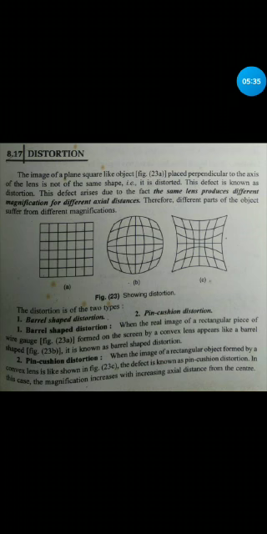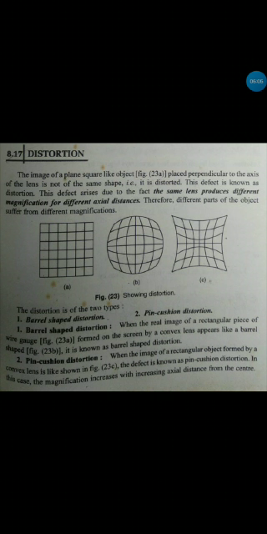Now, next one is distortion. The image of a plane square object, as shown in the figure, placed perpendicular to the axis of the lens is not of the same shape. It is distorted. This defect is known as distortion. If you are observing the diagram, there exist three figures A, B, C. A is a plane square-like object.